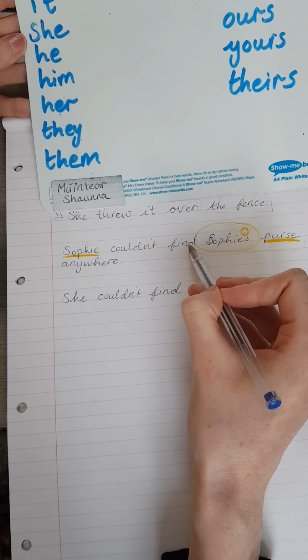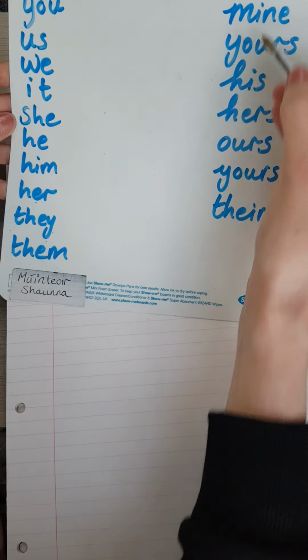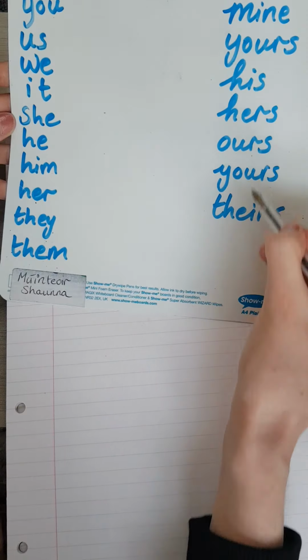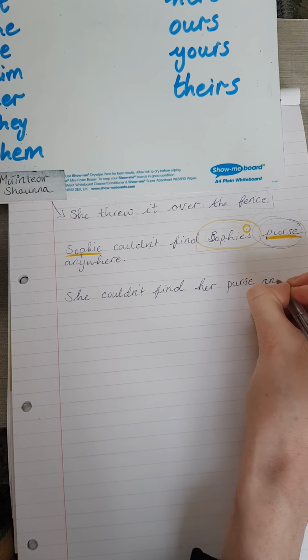So Sophie couldn't find Sophie's purse. Sophie couldn't find hers or her purse. The reason I wouldn't say hers purse is because I'm using the word purse afterwards, so I don't need the S at the end of her, okay? Her purse. So she couldn't find her purse anywhere.